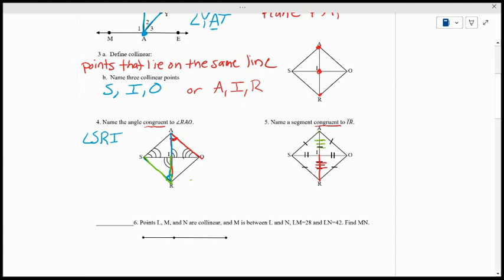So you're looking at this segment. There are 2 different names you can give it. You can say AI, or maybe you reversed it like I just did, IA. Both of these are the same, just reversed, because remember, in segments, order doesn't matter.